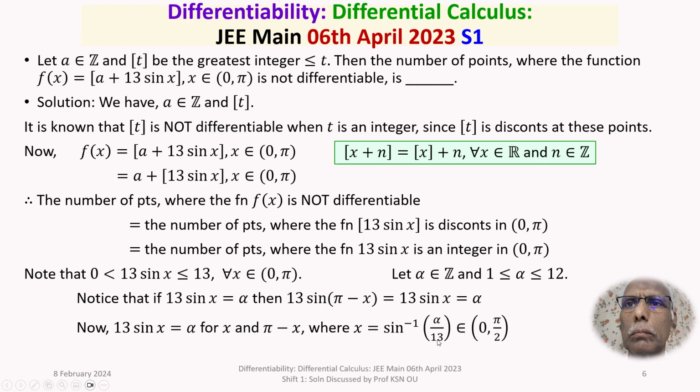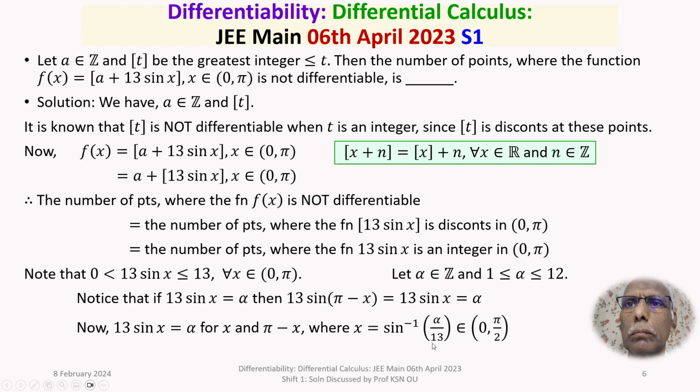So what do you observe? You will see 12 points, that is 12 x's, such that 13 sin x is equal to alpha, and 12 points pi minus x in the interval pi by 2 to pi.